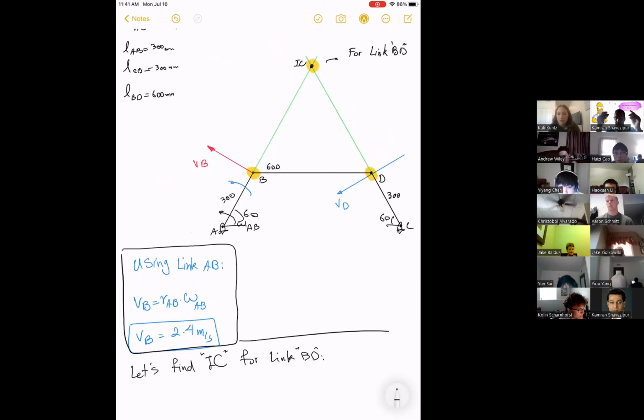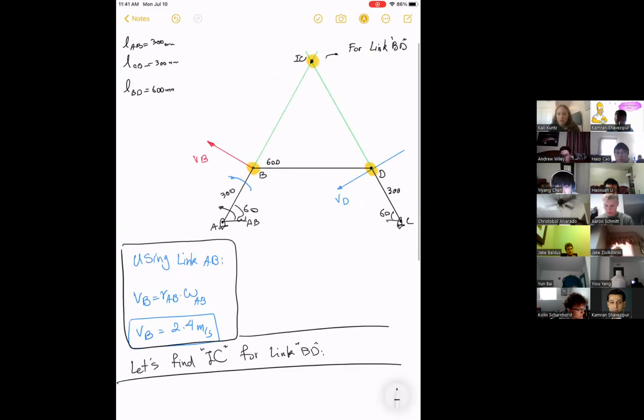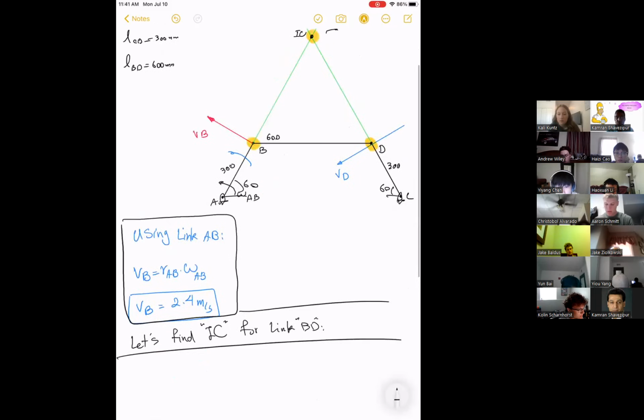I think it's right. Point B has only one velocity value, because it's just one single physical point. It doesn't matter if it belongs to link AB or BD or another link. It has one velocity. So if that's the case, I'm going to analyze velocity of B using link BD.